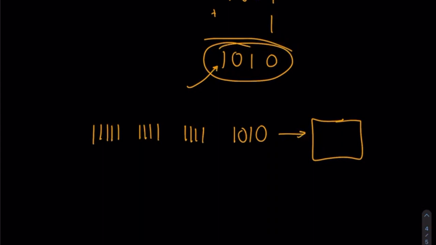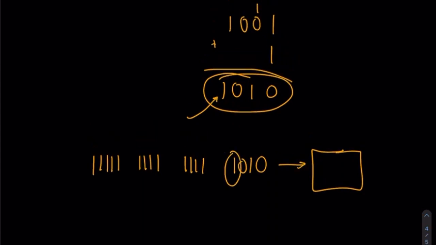And just to review what sign extending is, 1 will be sign extending values that are negative, and then 0 will be sign extending values that are positive. So we have 1 here because it's -6 and not 6.